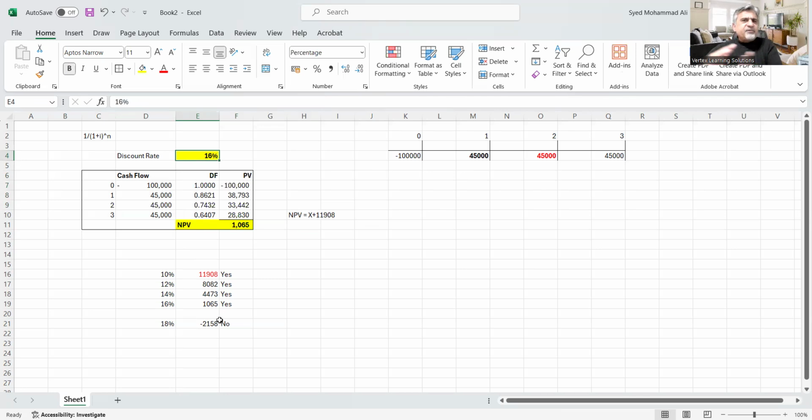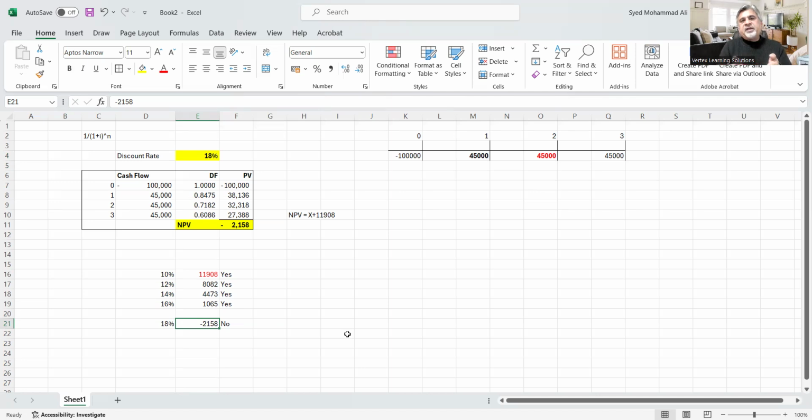There is another way of seeing it as well, which I will explain. If I say 18%, now it is giving minus 2,000. So if you had another opportunity where you were investing at 18%, this project is going to give you $2,000 less than that 18% return. So let's not do it.